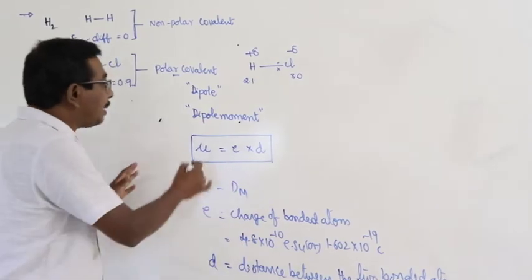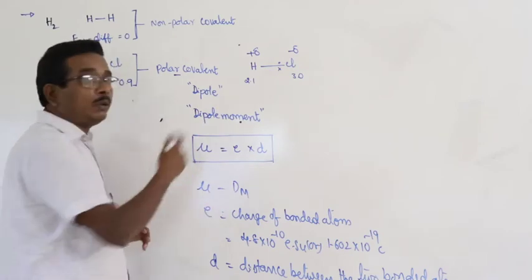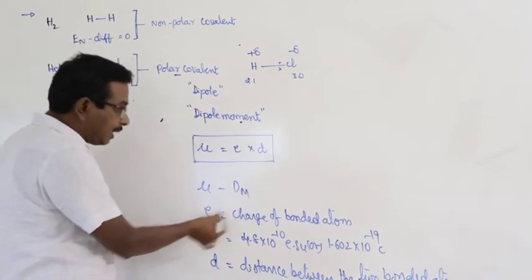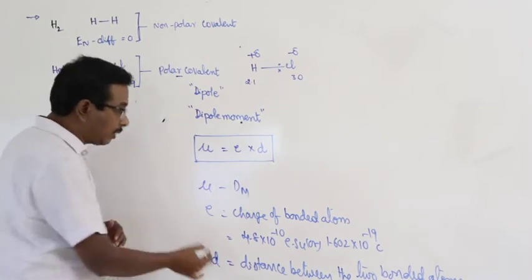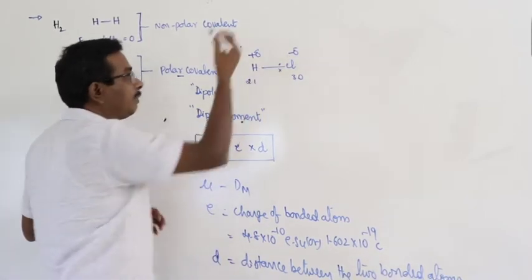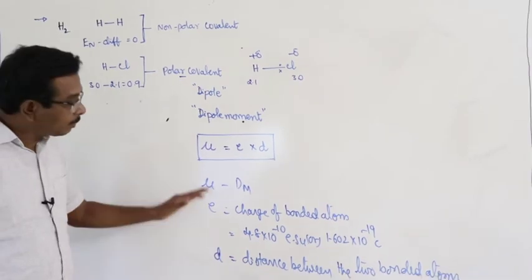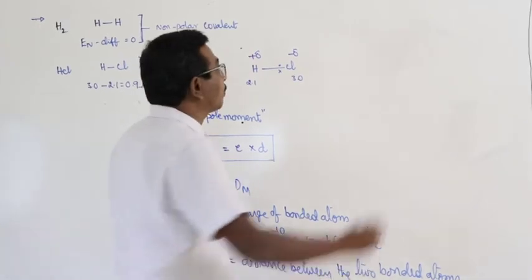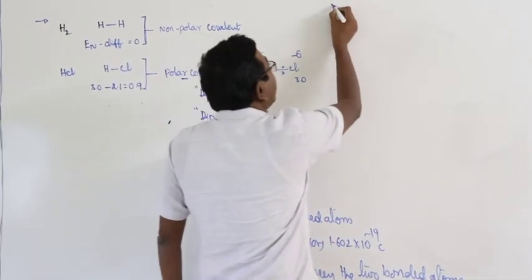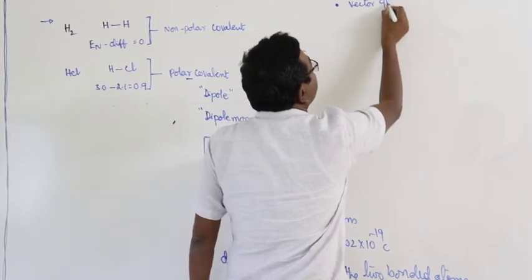And here mathematically mu is equal to E into D. Mu is equal to dipole moment. E is equal to charge of any one of the two bonded atoms. D is equal to distance between the two bonded atoms. And there is an important note. Here dipole moment is a vector quantity.